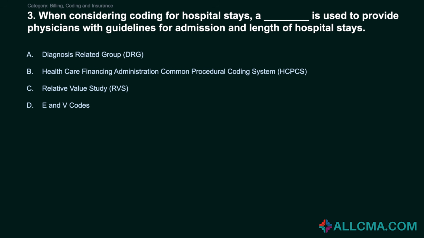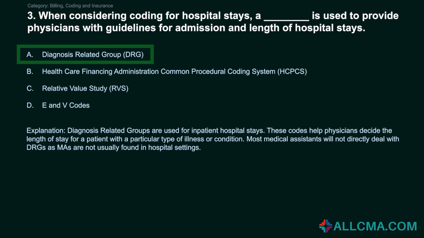D, E, and V codes. Correct answer: A. Diagnosis-related group, DRG. Diagnosis-related groups are used for inpatient hospital stays. These codes help physicians decide the length of stay for a patient with a particular type of illness or condition. Most medical assistants will not directly deal with DRGs as MAs are not usually found in hospital settings.